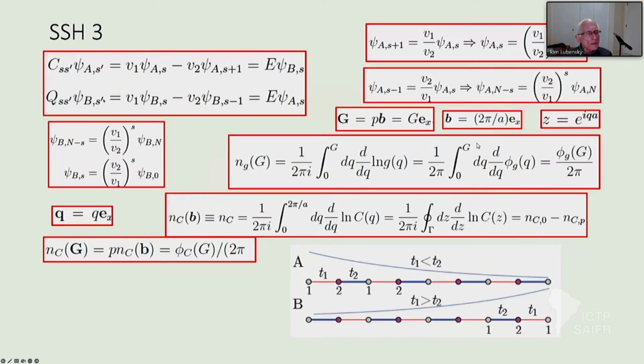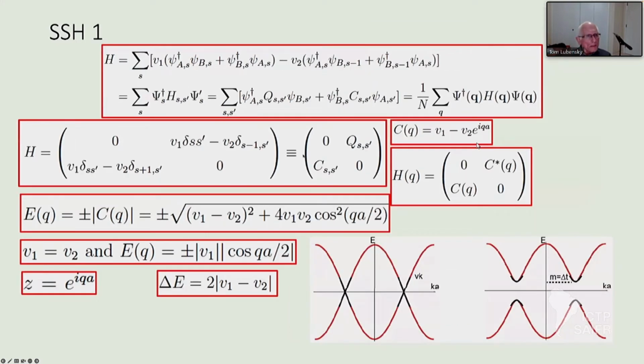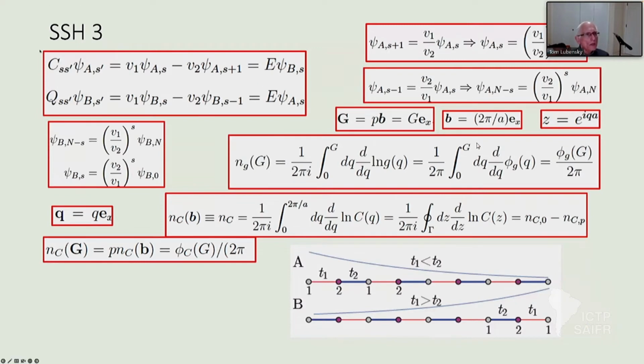Okay, so here are the equations of motion, which I calculated simply by taking delta H delta psi dagger A and delta H delta psi dagger B, and that gives me these equations. So doing that, the equation is C_S S' operating on psi itself is equal to V1 psi_AS plus V2 psi_AS plus 1.